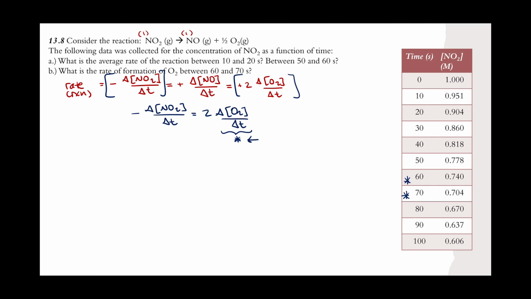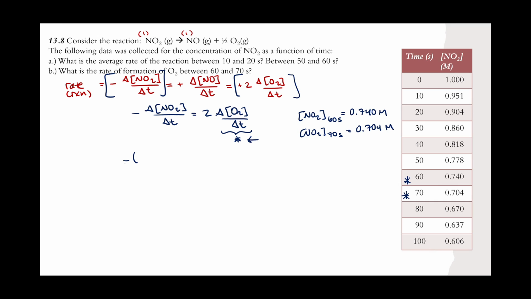I'm going to write over here my concentration of the nitrogen dioxide at 60 seconds equals 0.740 molarity, and the concentration of nitrogen dioxide at 70 seconds is equal to 0.704 molarity. And then I'm going to just figure out what the left side of my equation is going to be, and then we'll solve the problem.